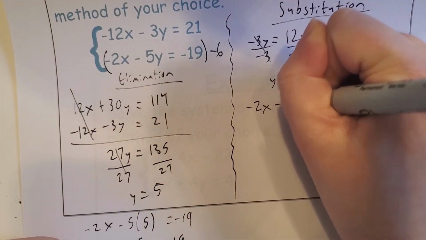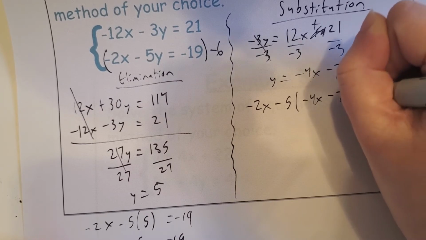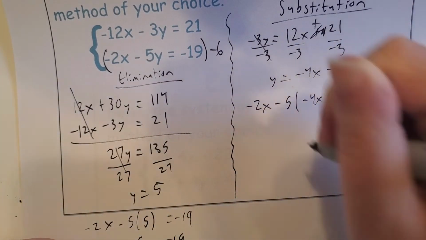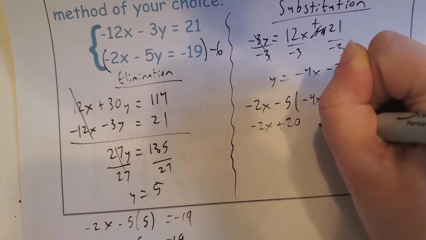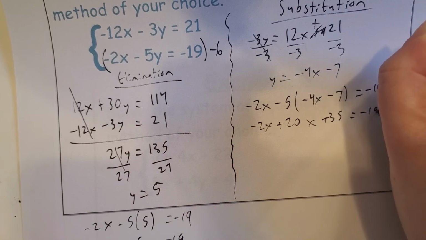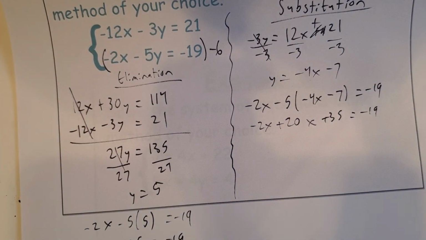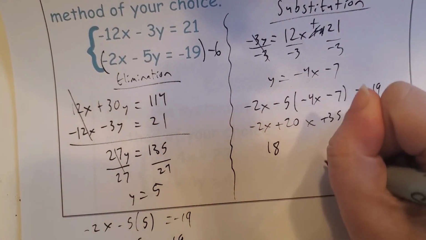Negative 2x minus 5 times negative 4x minus 7 is equal to negative 19. So this is negative 2x plus 20x plus 35 is negative 19. This becomes 18x.